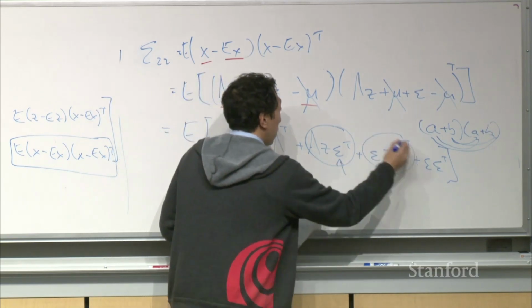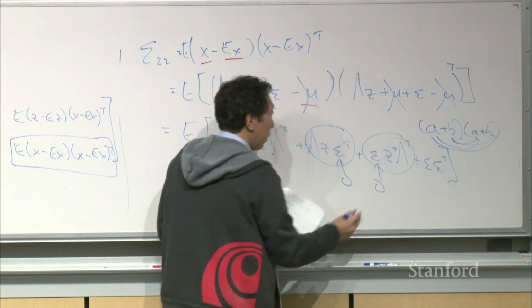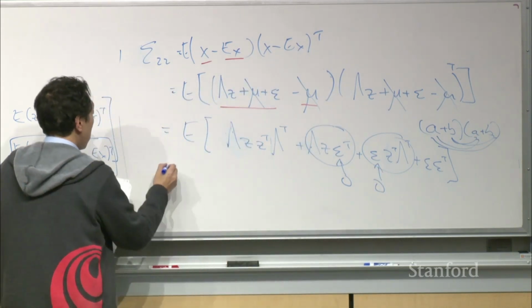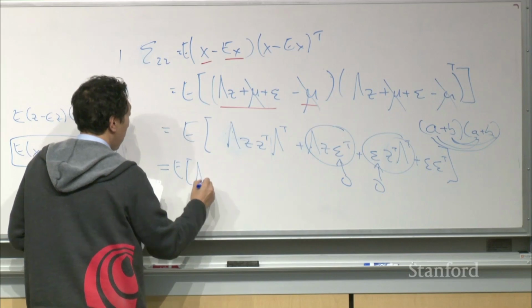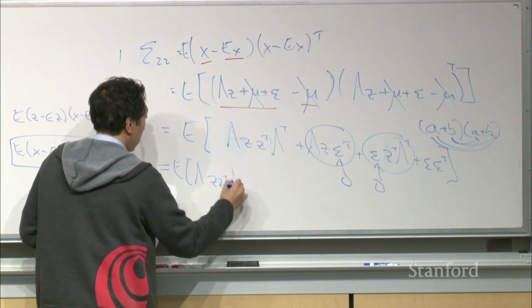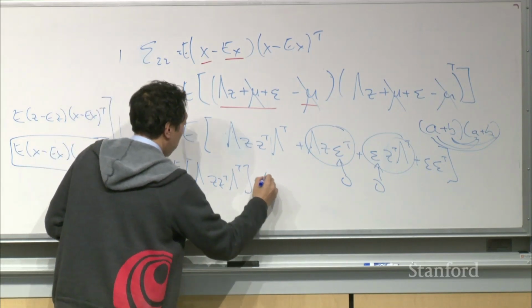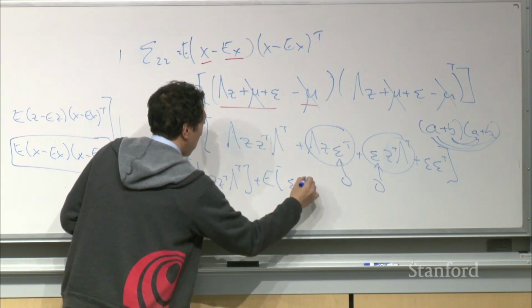So those are 0 on expectation, and you're just left with the expected value of lambda z z transpose lambda transpose, plus the expected value of epsilon epsilon transpose.